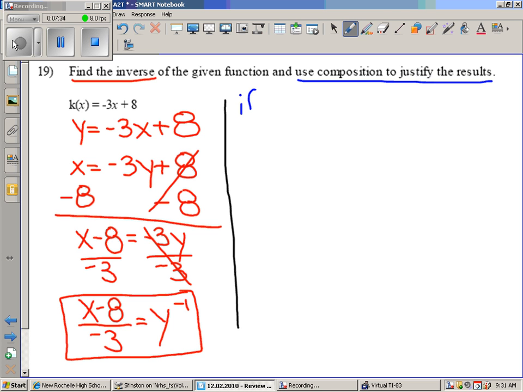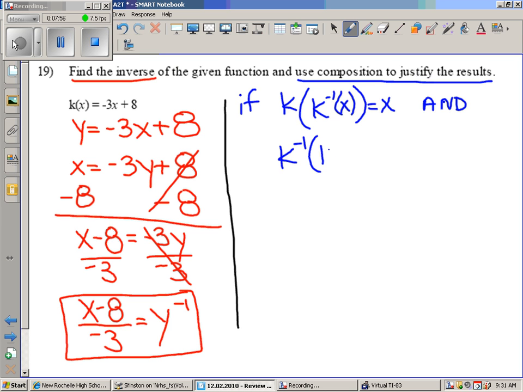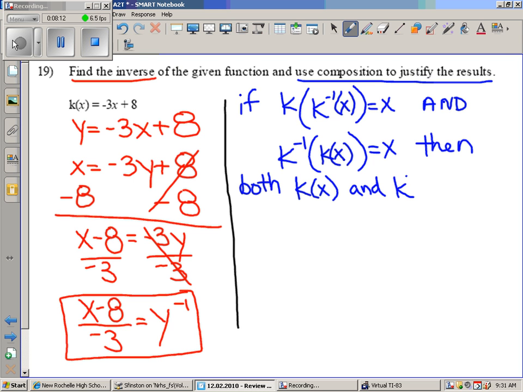If k of k inverse of x equals x, and k inverse of k of x equals x, then both k of x and k inverse of x are inverses of each other.